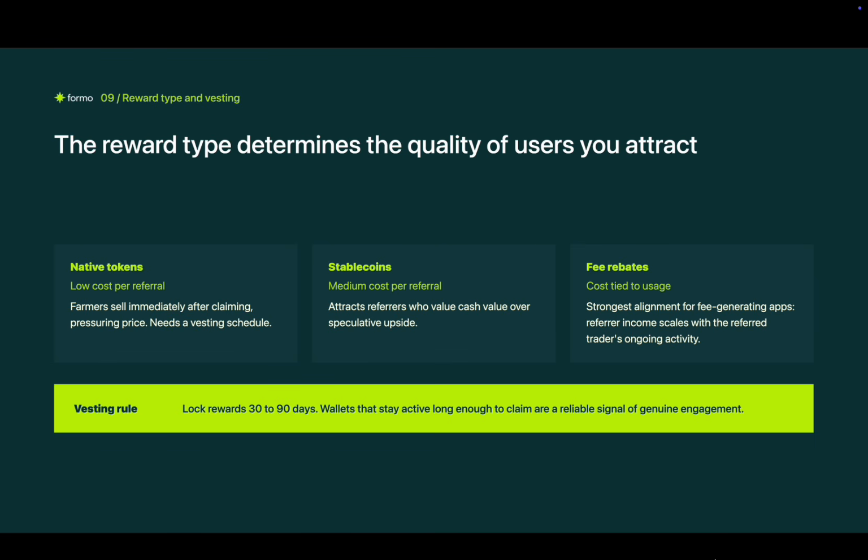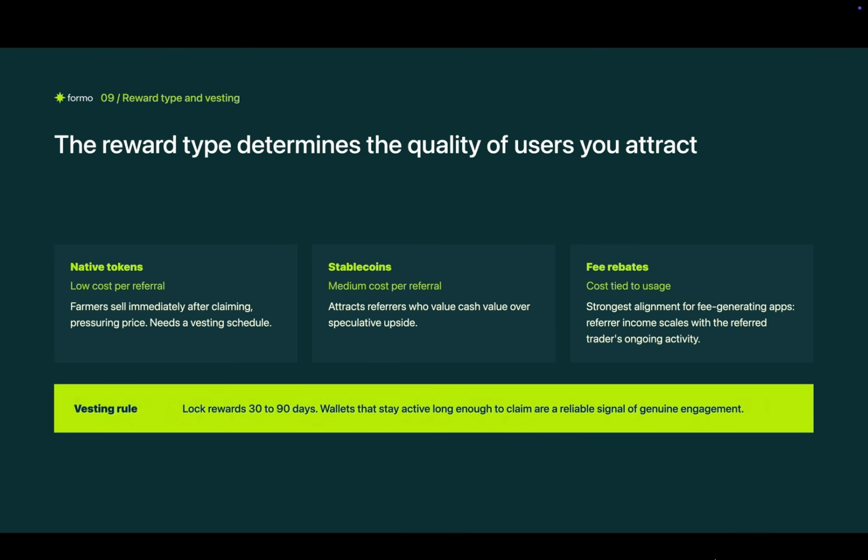Native tokens are relatively cheap to distribute, but they can attract users who claim and immediately sell. Stablecoins appeal more to users looking for predictable monetary value. And fee rebates have particularly strong alignment for fee-generating protocols because the referrer's earnings depend on the referred user's ongoing activity. Then there's vesting.